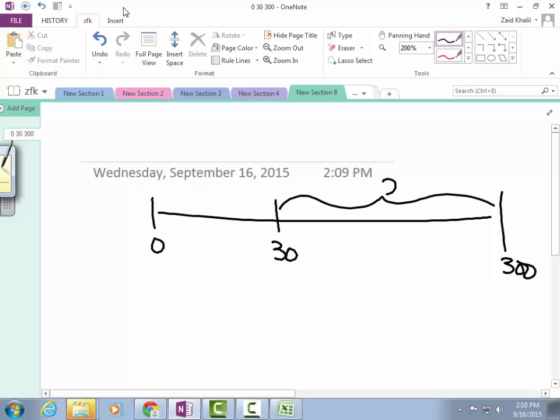All right, so this is 270. His velocity is 30. So we have velocity equals change in position over the change in time, if the velocity is constant.